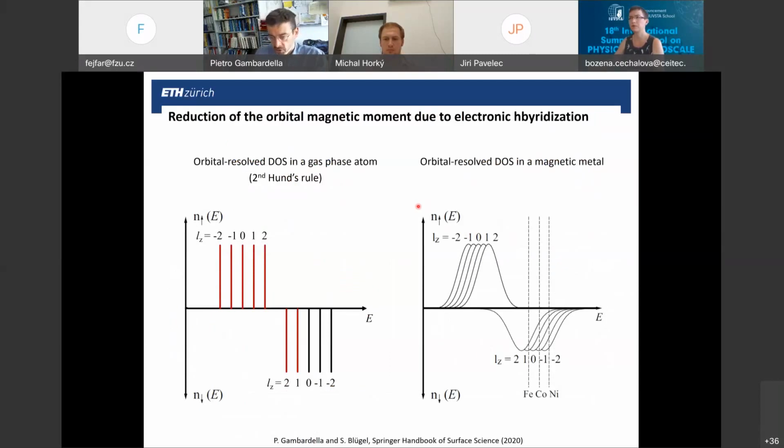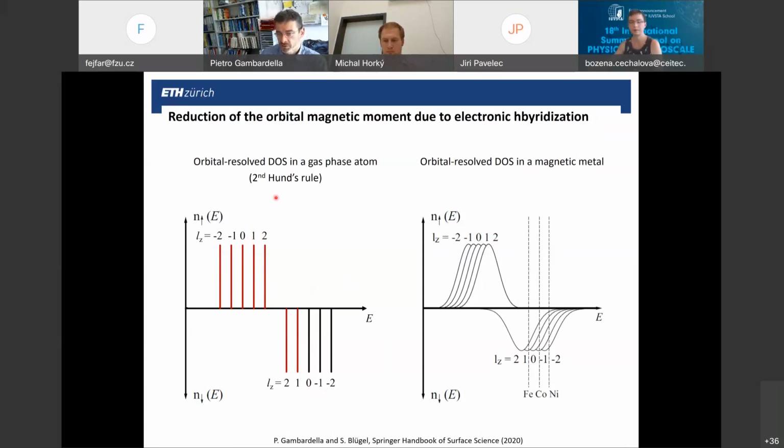Regarding the orbital moment, here we have similar considerations in terms of density of states. So if we consider a gas phase atom, we have orbital states that are split according to the orbital number. And the first of Hund's rules tells us that all the spin up states will be occupied first, and then all the spin down states will be occupied.